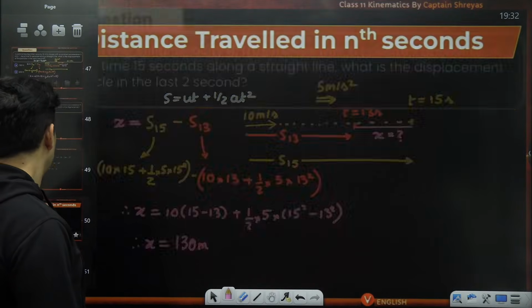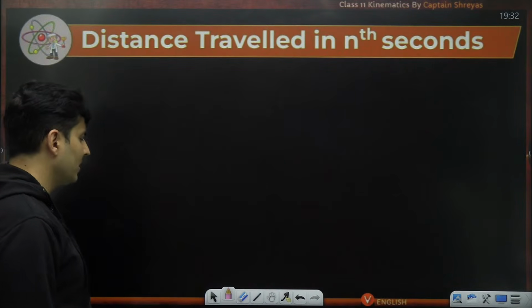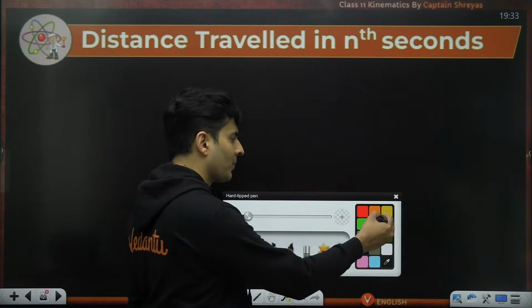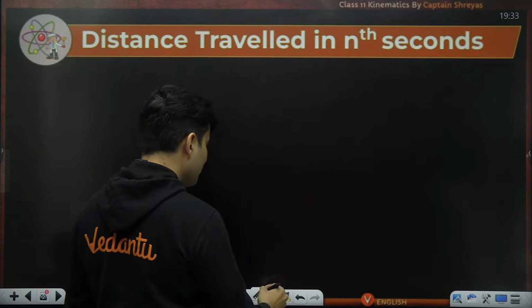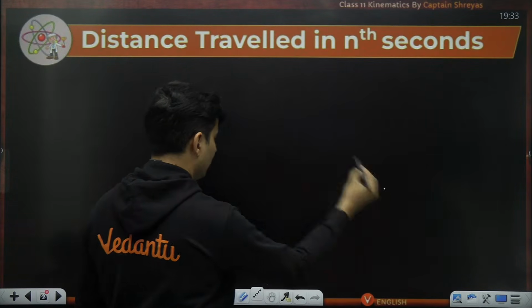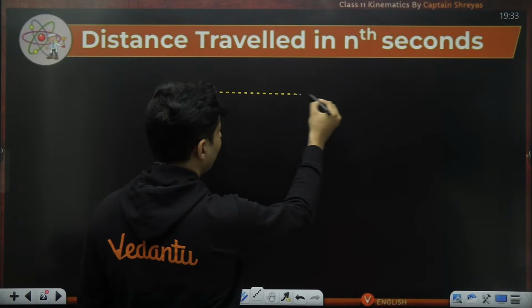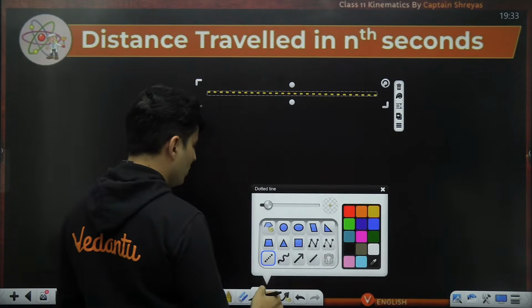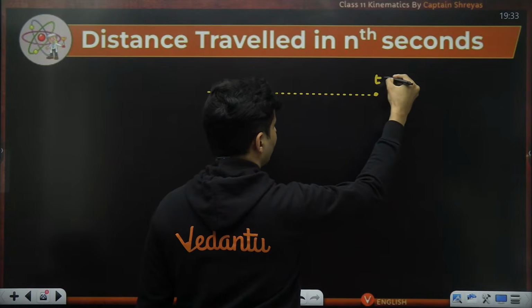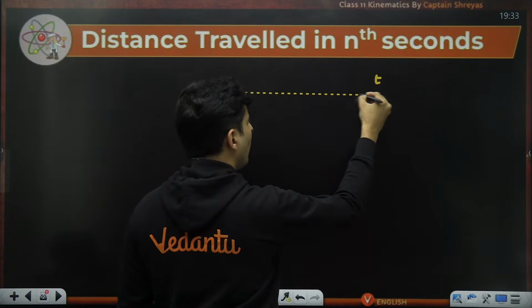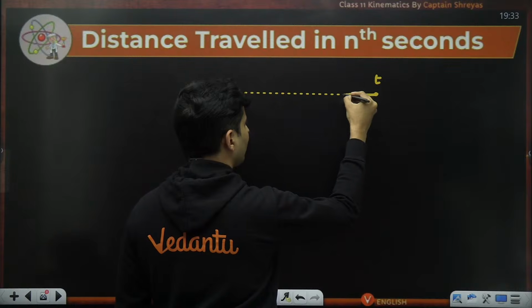All right. Now let's do the last type of question, which is the displacement in the nth second. That is the fourth kinematic equation. So imagine something in motion, maybe having some velocity, having some acceleration, and you take some time over here, let's say t, and you go back exactly 1 second.